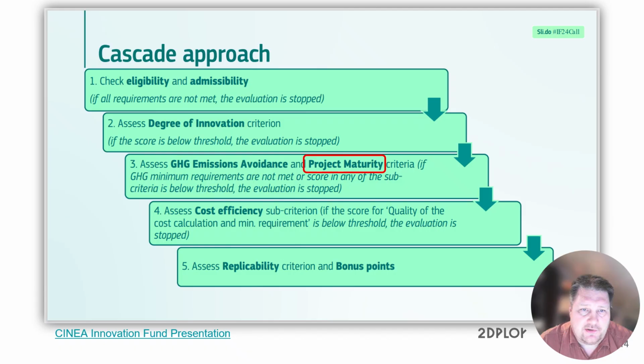Next, it's important that your project is cost efficient. It's kind of a bidding process: most bang for the buck, or the most greenhouse gas savings per money. But it's important to be realistic here.